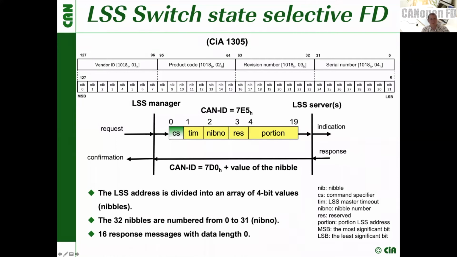And you see the formula for the first time here: for the response, if the first nibbles match those proposed, we use for the next evaluated nibble an offset value of 7D0 plus the value of my next nibble. And this I provide. Now the manager gets an idea in which value range it is worthwhile to analyze whether there are further unconfigured devices, till he can assign a node ID to a detected device.